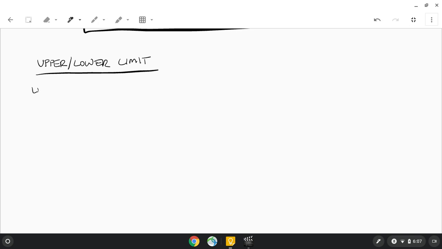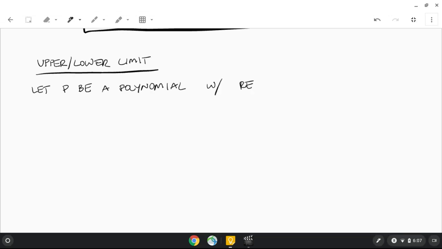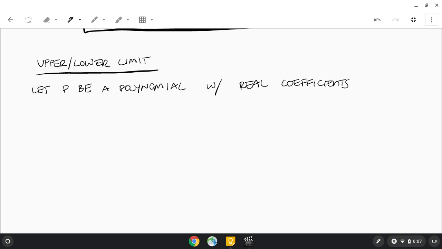Okay, so let's let P be a polynomial with real coefficients as opposed to imaginary. Okay, so we have this first case.